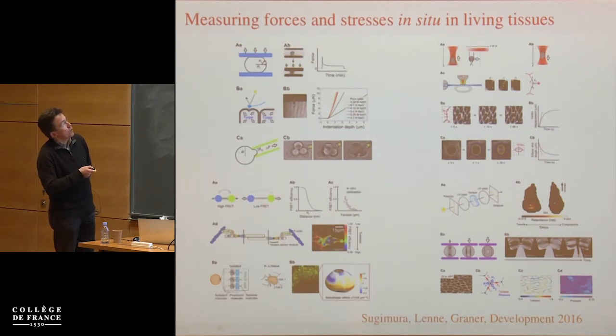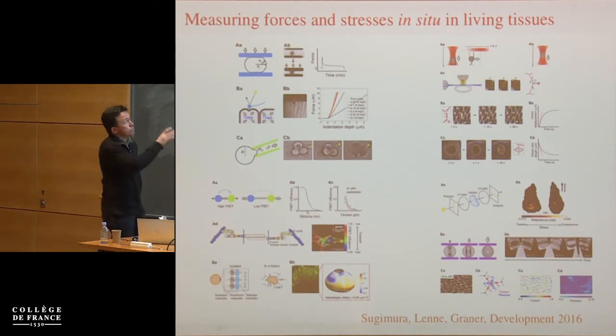Some work at the tissue scale, like, for instance, ablation here. Some use light in order to exert forces and deflect elements of the tissue in order to estimate forces, or light and, for instance, birefringence in order to evaluate anisotropic stresses in tissues.